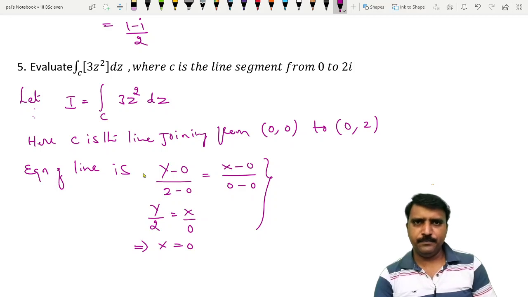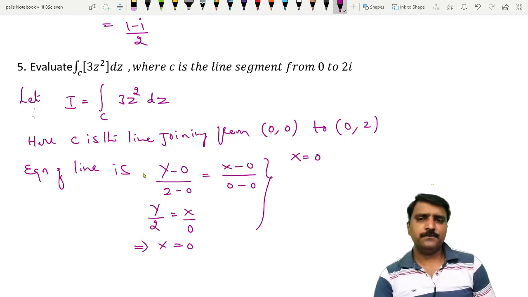Instead of writing all this, a shortcut is there to write the equation of the straight line. In some special cases we can easily write the equation of the line. Notice these coordinates: here x is 0, here also x is 0, so we can write the equation of the line directly as x is equal to 0.